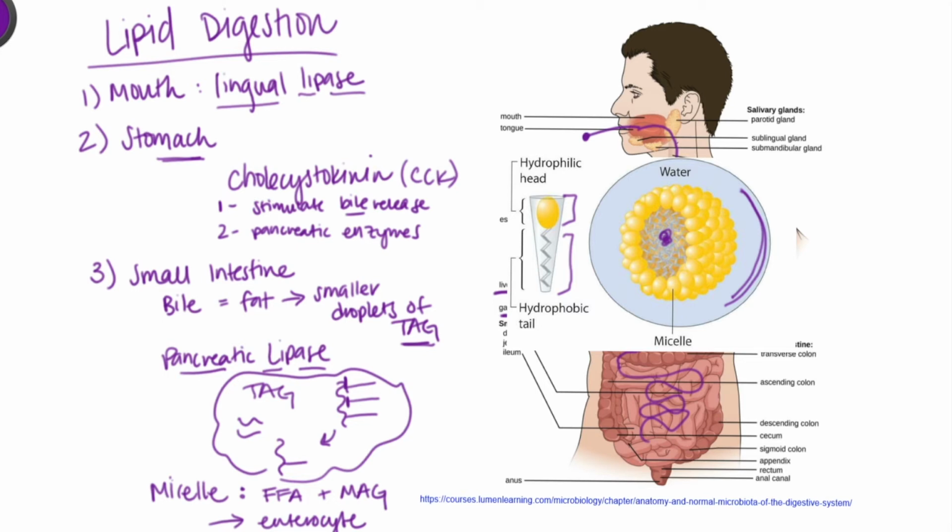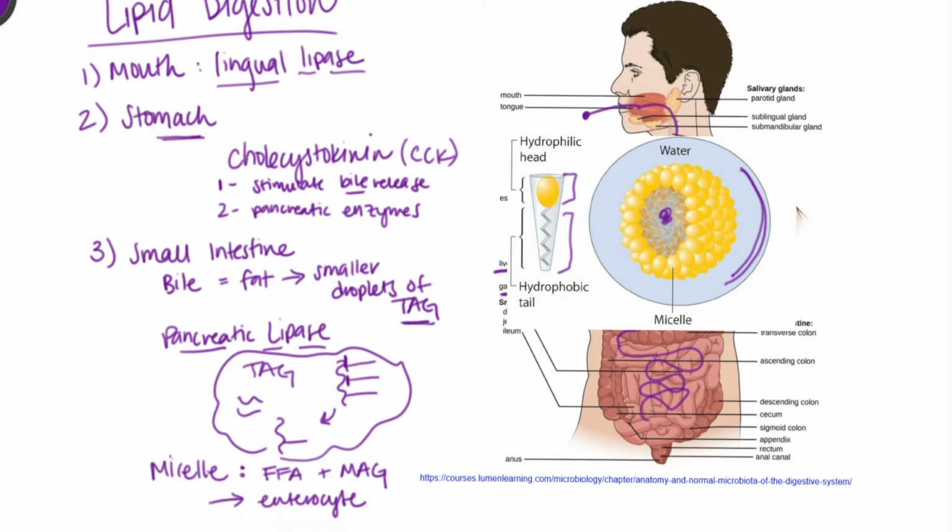And when it gets inside the enterocyte, it faces the same issue: for the most part our lipid pieces are hydrophobic and they don't want to be floating around in what is basically a bunch of water. We're going to see them reform in another way to make sure that they can have that protective hydrophilic outside and hydrophobic inside. So inside the enterocyte, that is going to be called a chylomicron.